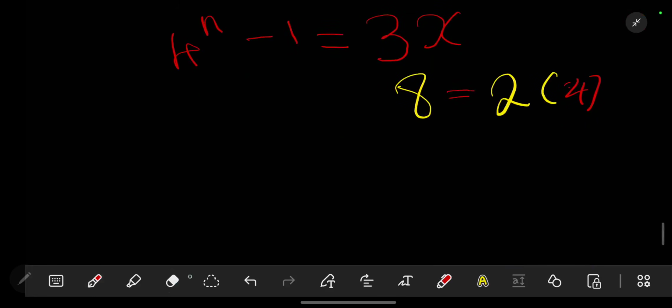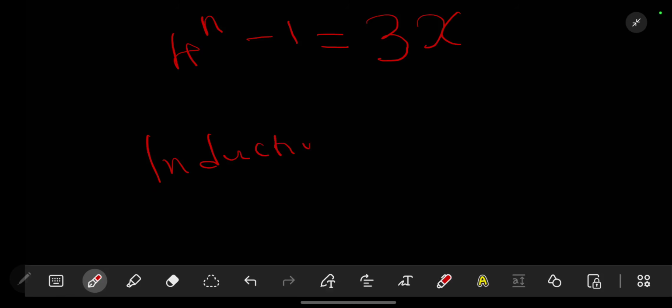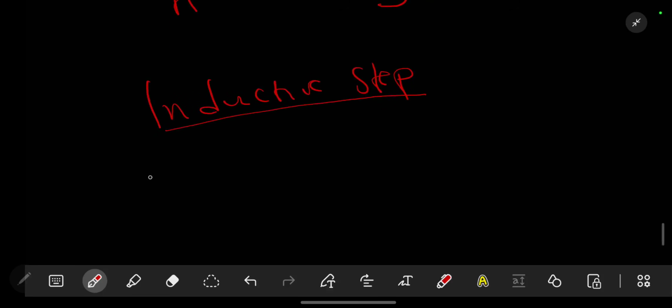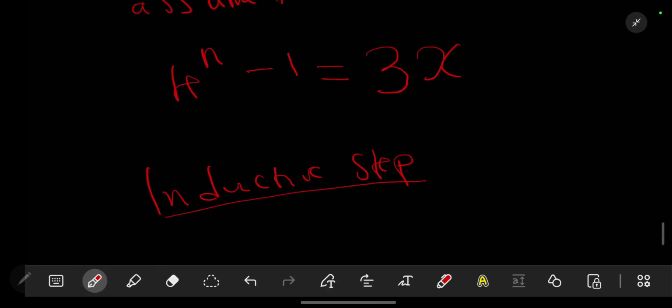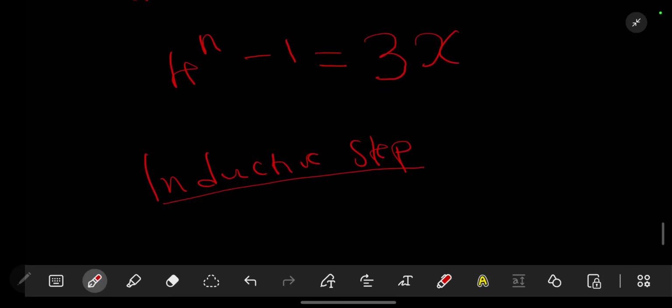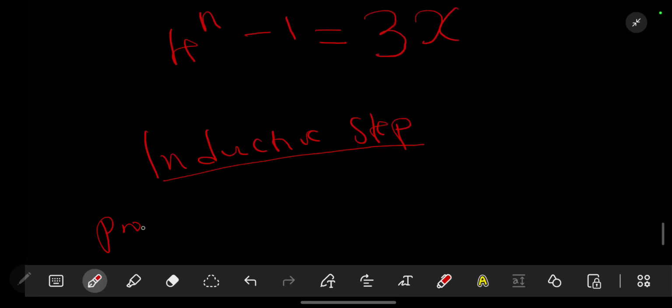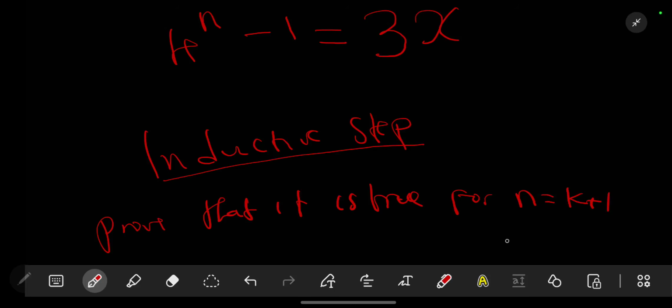Then from here, we are going to go for the inductive step. So remember, it's the basic step, then the hypothesis where you assume, then the inductive step. So now, let's prove that it is true for n is equal to k plus 1.